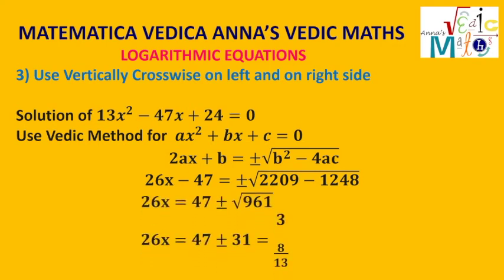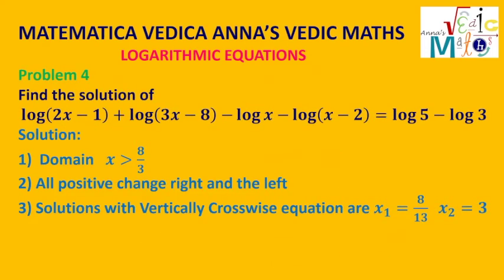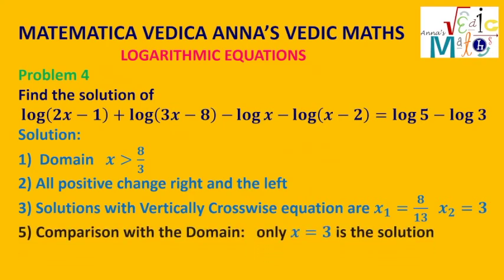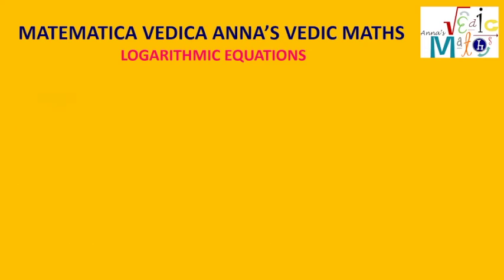So we have the solutions that are 3 and 8/13. Now we compare these solutions with the domain, and we accept only x equal 3 because it is bigger than 8/3.